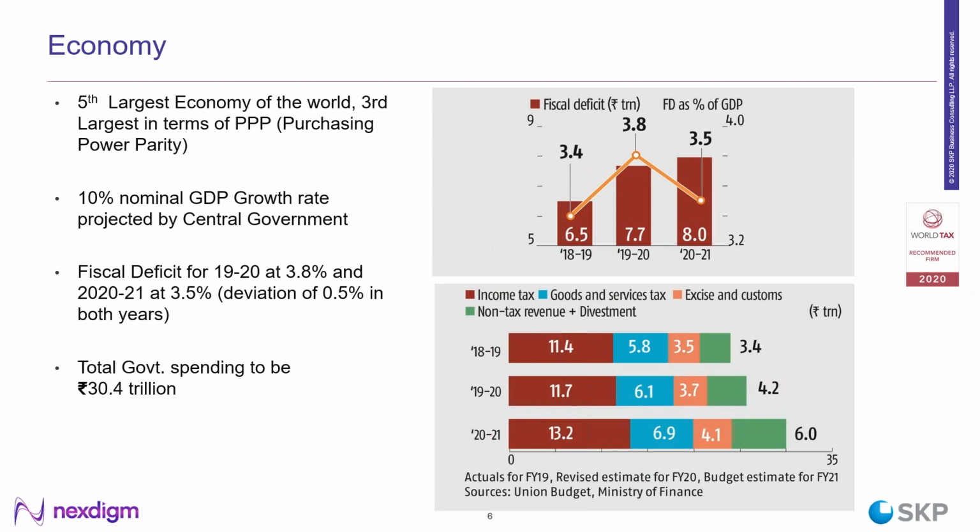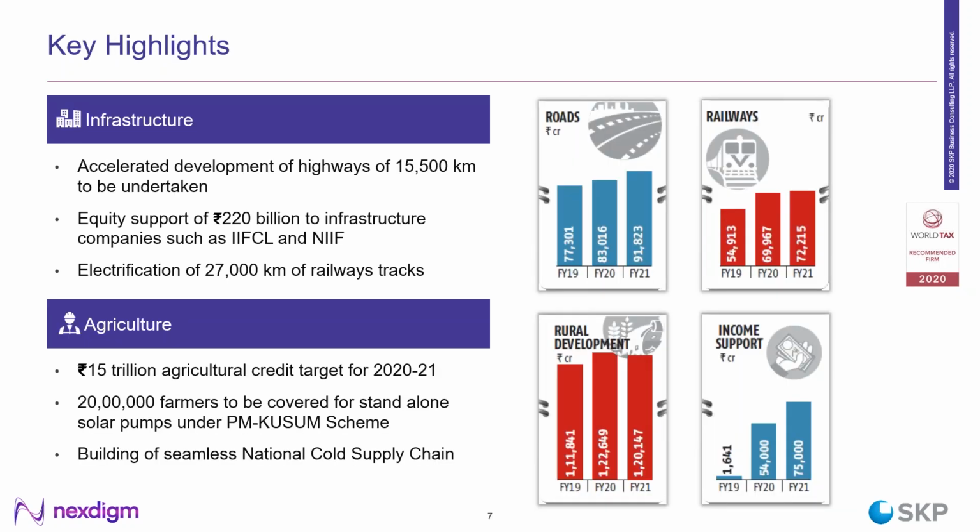And they have assured that for 2021, 3.5% would be achieved on the fiscal deficit side. The government, in order to meet the fiscal deficit targets, is looking at a lot of disinvestment of public sector companies to the investors so that a lot of funds can flow to the government.